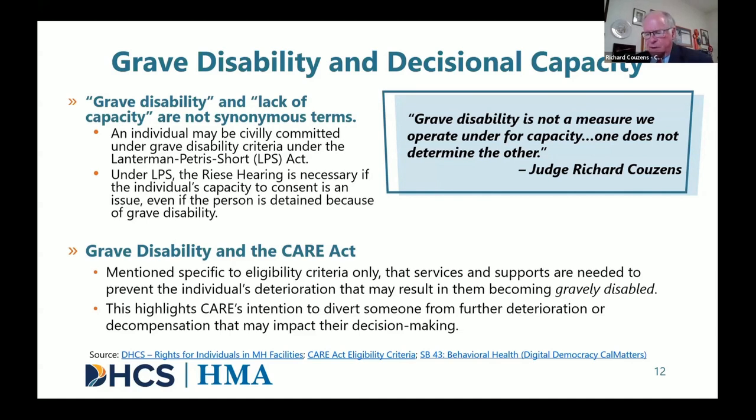We have the grave disability concept that we have touched on, decisional capacity, which we are working on, and there's also competency. Competency, as Dari indicated earlier, is a criminal concept which addresses the ability of a defendant to understand the nature of the criminal proceedings and to assist in their own defense. That obviously is not a part of the CARE Act, since that's part of the criminal process.